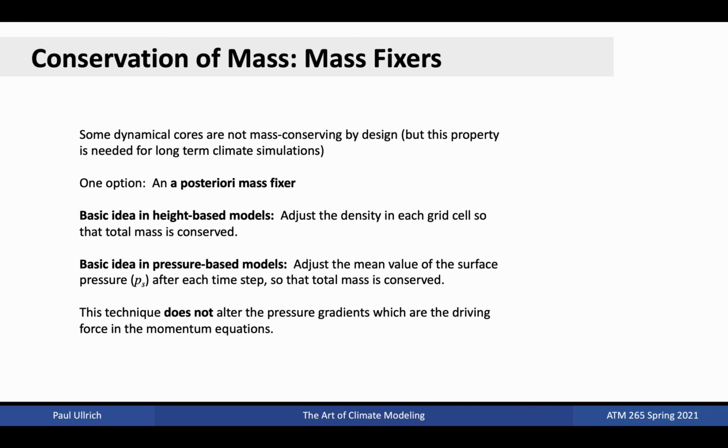Essentially, at the end of every time step, the global mass is computed and any deviations from the reference mass recorded. This difference in mass is then distributed evenly among grid cells to ensure the global total mass remains constant. However, in doing so, one needs to take care in the process to not disturb geostrophic or hydrostatic balance. This is an easy process in pressure-based hydrostatic models, where surface pressure can be adjusted after every time step.